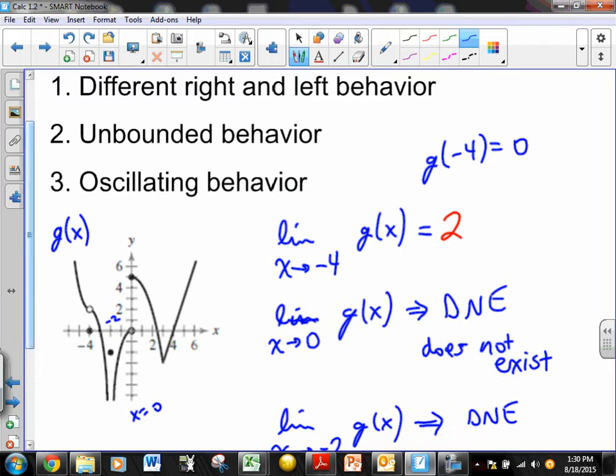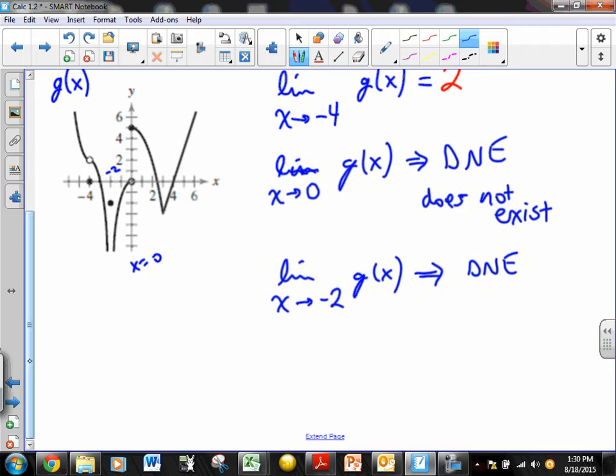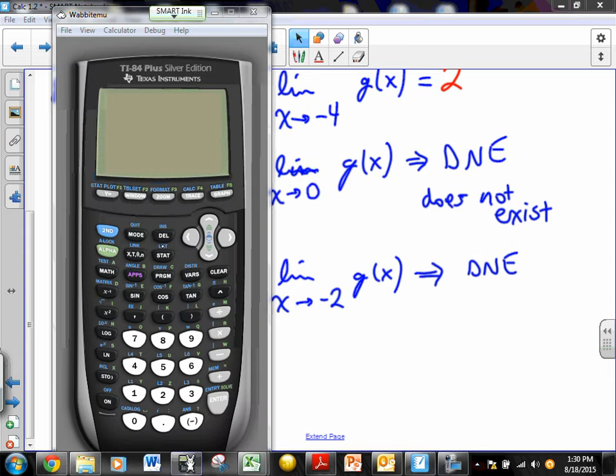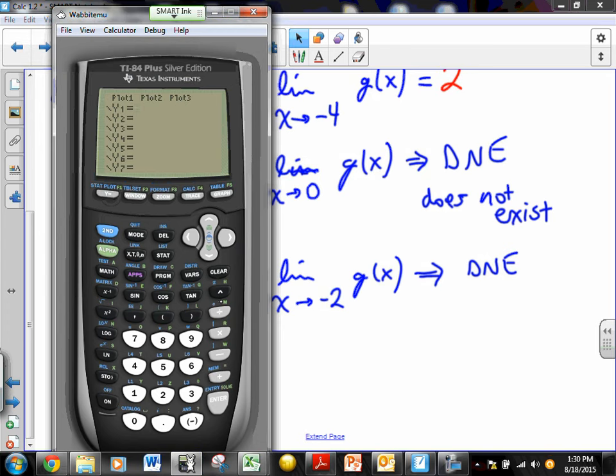And lastly, oscillating behavior. Let's look at the graph again. Let's look at something like y equals the sine of 1 over x, divided by x.